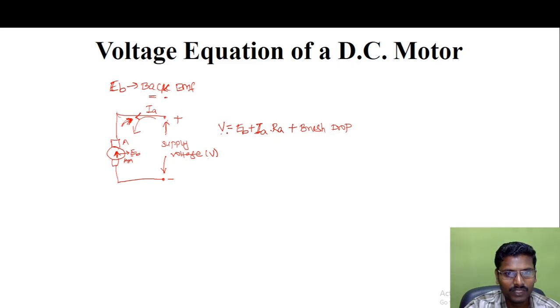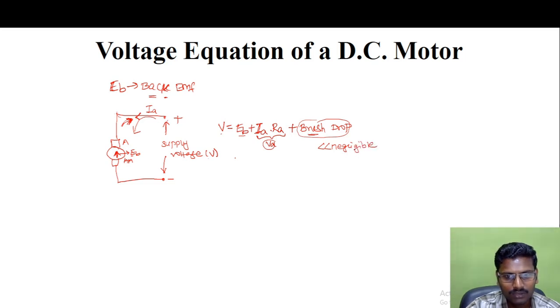So V is equal to EB plus IA RA, which is the voltage drop across the armature, plus the drop across the brush. This is the voltage expression for a DC motor, but the drop across the brush is very negligible.